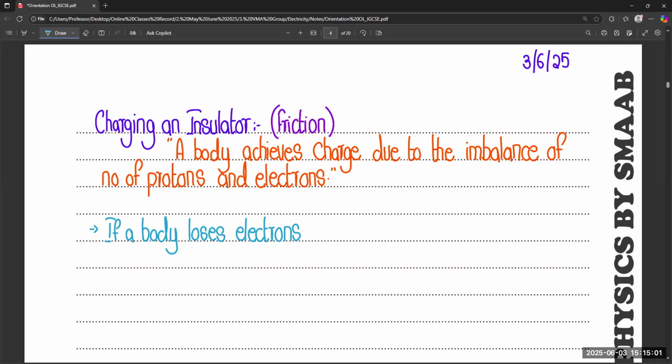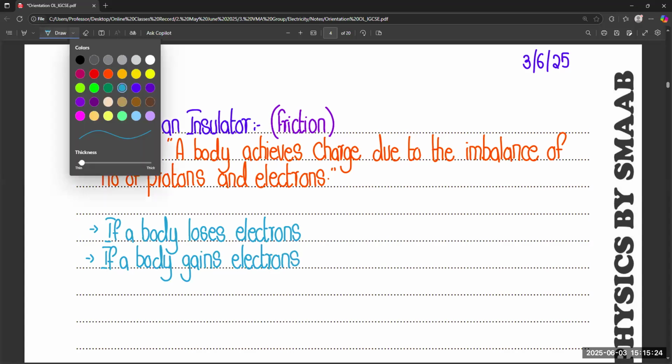And the other scenario is, if a body gains electrons. So this is case number two.